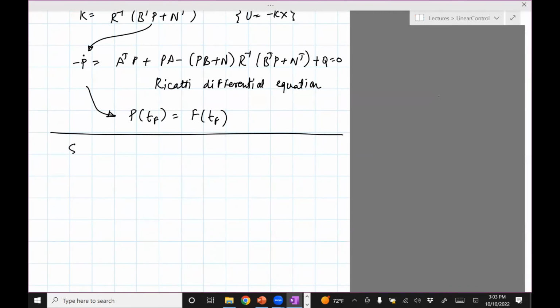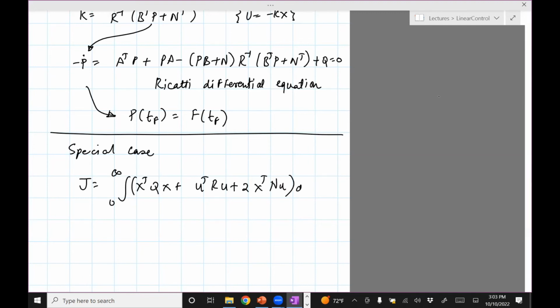So they always look at a special case, and that special case comes when instead of looking at the finite time cost, they look at the infinite time cost. So they drop the terminal cost, because when you have infinite time, you're really not bothered about what happened in the end, because we don't know what's going to happen at infinity. And then we specify this cost, which is exactly the same, except with the integral going from 0 to infinity.